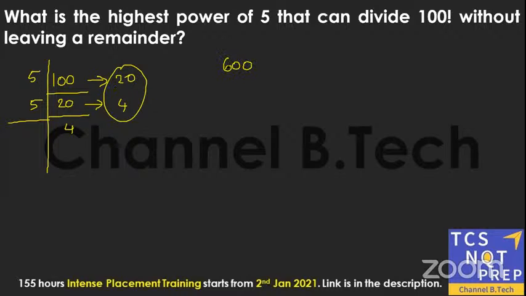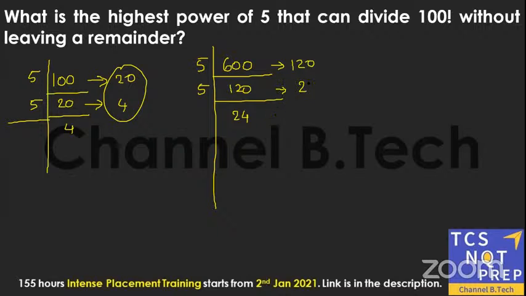If 600 is given, when you divide this by 5, what will be the quotient? 120. Write this 120 here. Again, divide it by 5. You get 24. Again, divide this by 5. What will be the quotient? Quotient will be 4.